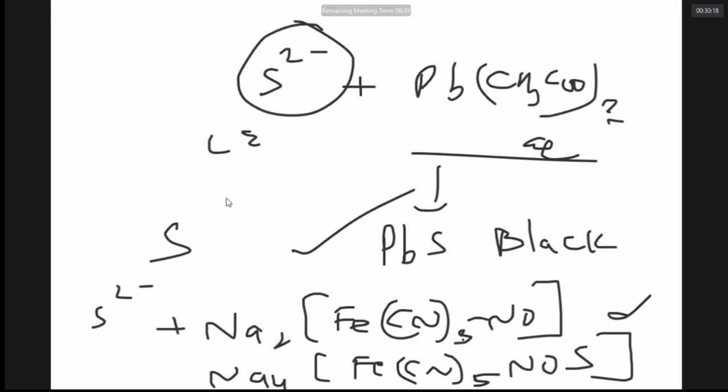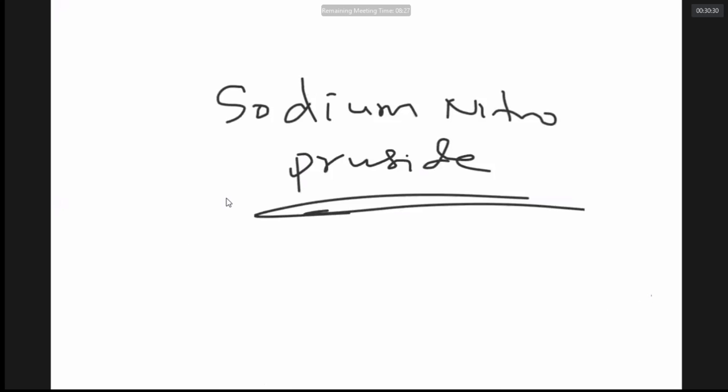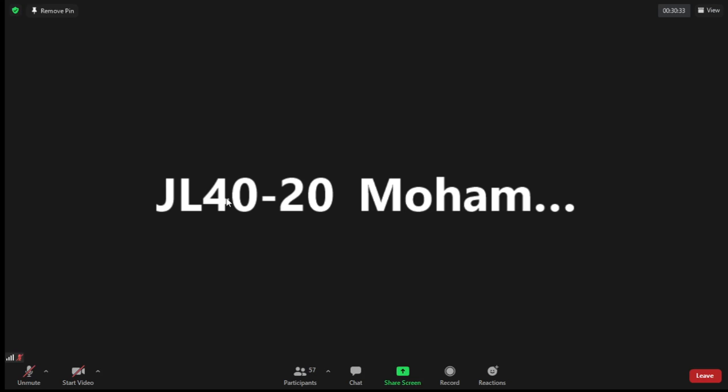Therefore, if the Lassaigne extract is added with sodium nitroprusside, be familiar with the name, sodium nitroprusside, and if you are getting a deep violet color, definitely your organic compound has sulfur.